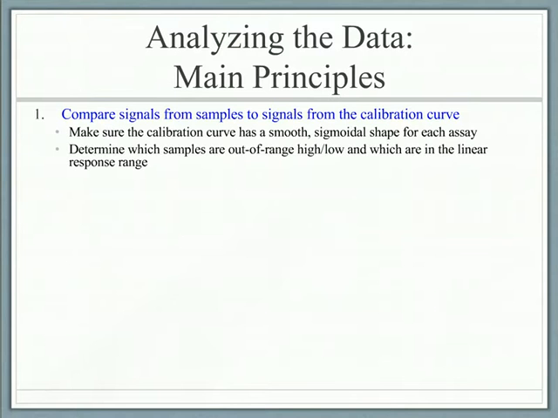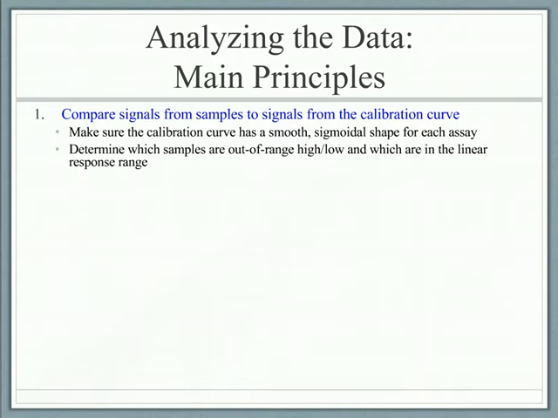So you want to first check the curve to make sure your assay is working well with a smooth sigmoidal shape, and you want to determine the range where you're getting a linear response.